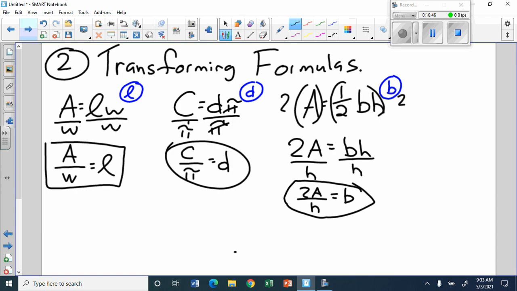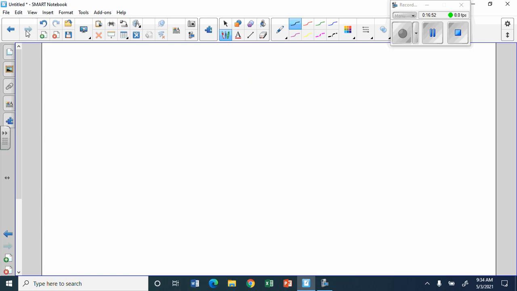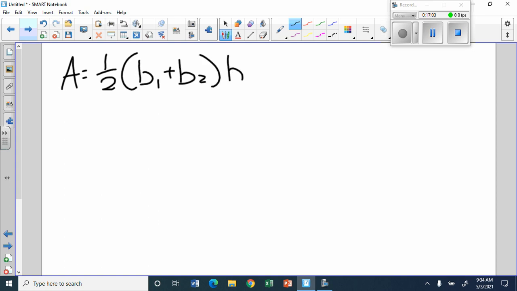So really this is a how well do you understand the rules of algebra? Let's take one big one. Let's take the formula we just used. I want you to solve for B2. I'm going to give you a quick chance to try to solve for B2 first.